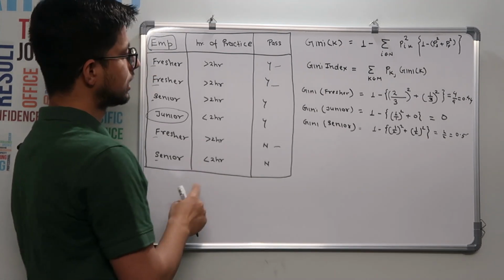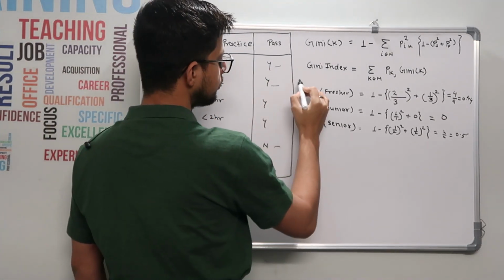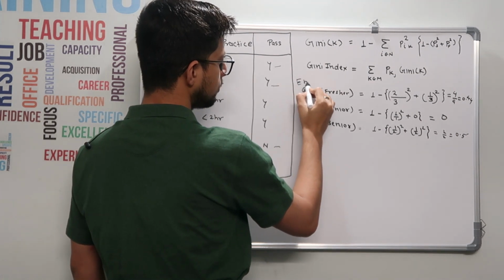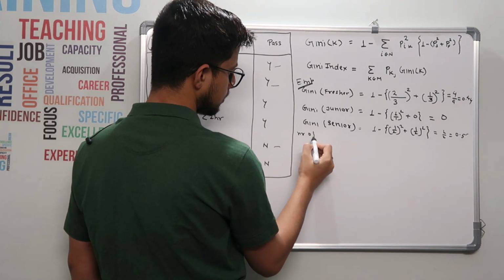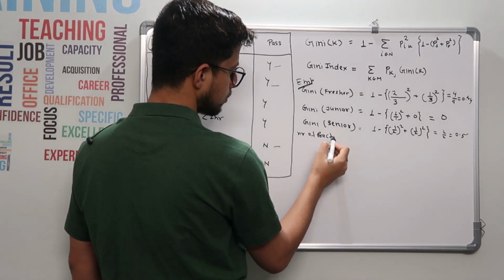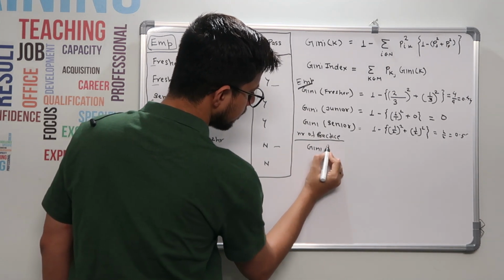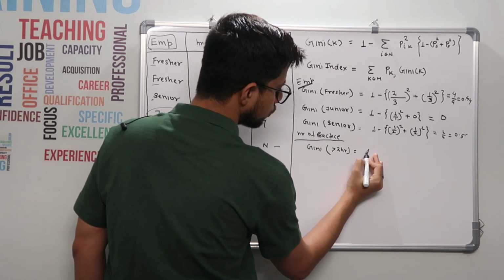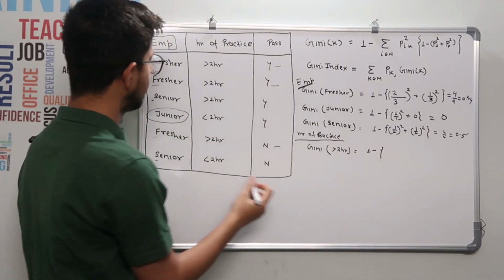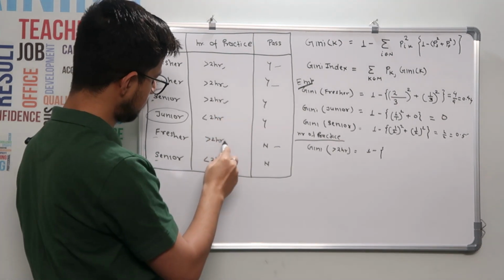Now the same thing we'll do with respect to the hours of practice column. We did this for the employee column, and now we'll do hours of practice. Here we will calculate Gini for one category, that is greater than 2 hours. So 1 minus... how many are greater than 2 hours? 1, 2, 3, 4.